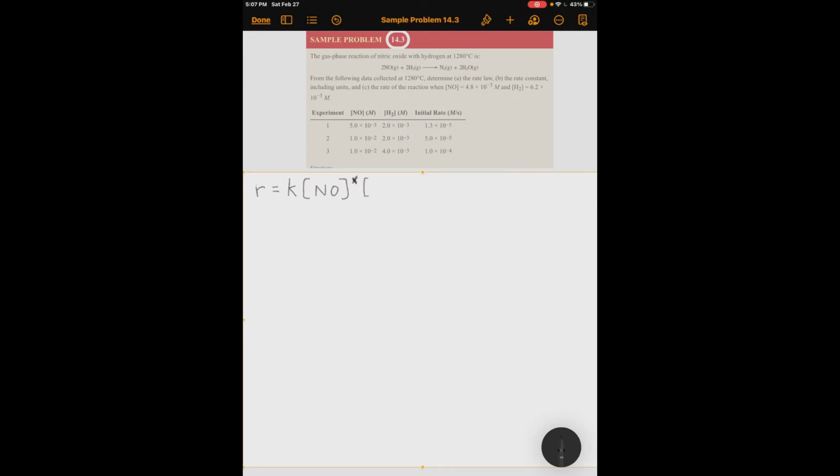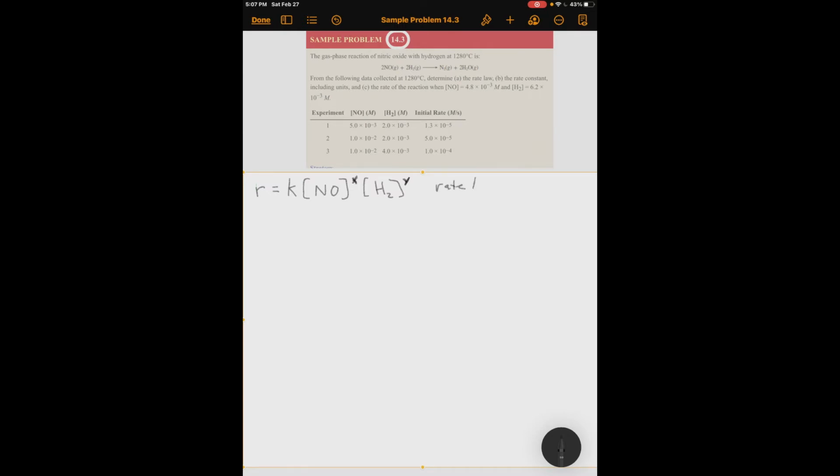Times the concentration of the second reactant, which is H2, to the Y. We're just using X, Y. If we had 3 reactants, we would do X, Y, Z. Now, unlike equilibrium expressions, rate laws are generally written only in terms of the reactants. So just for now, do it only in terms of the reactants. Don't worry about the products. That's called the rate law.